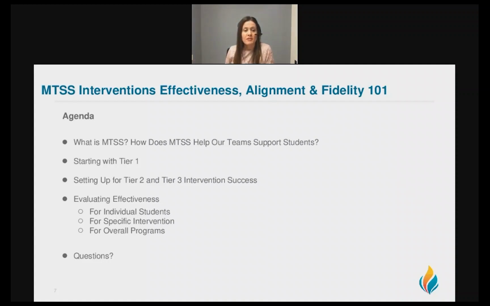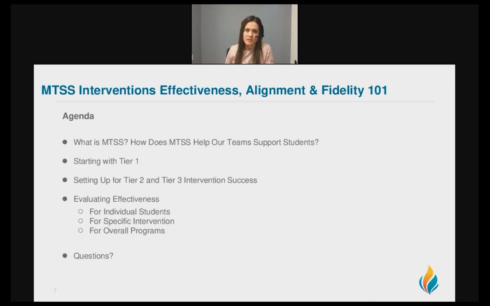So what we're going to be talking about, we're going to start with a baseline of what MTSS is. It's always good to start out and have that foundational understanding. So talking through how MTSS can really help support our students as well as just our infrastructure within the school district. It's always important to start by discussing the things that we're putting in place for all students, which is at the Tier 1 level.